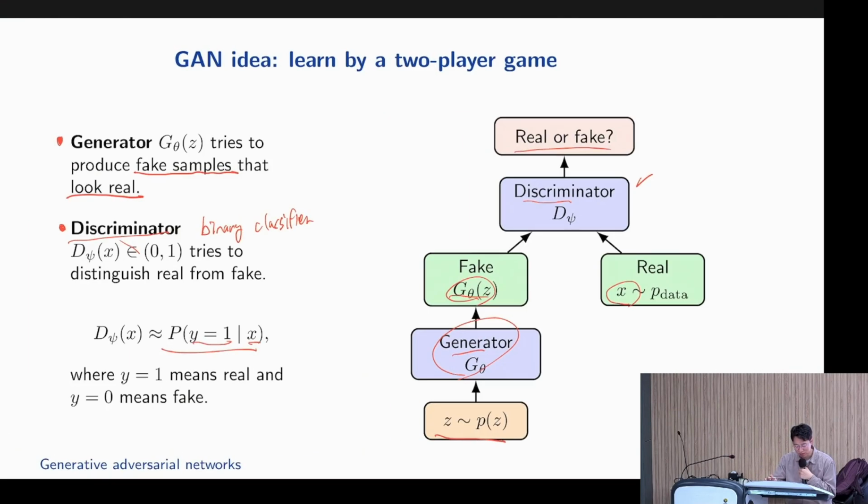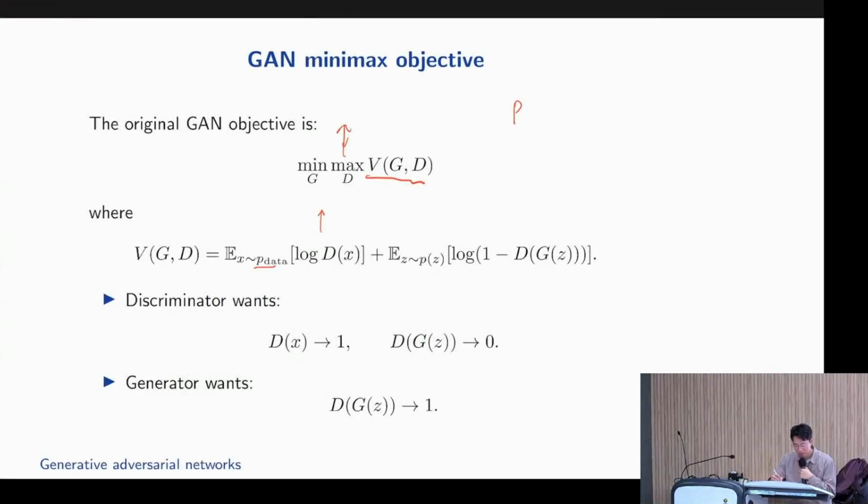D of X is supposed to be P(Y=1 given X), or P(real given X). When the data is sampled from the true data distribution, the discriminator wants to increase this.